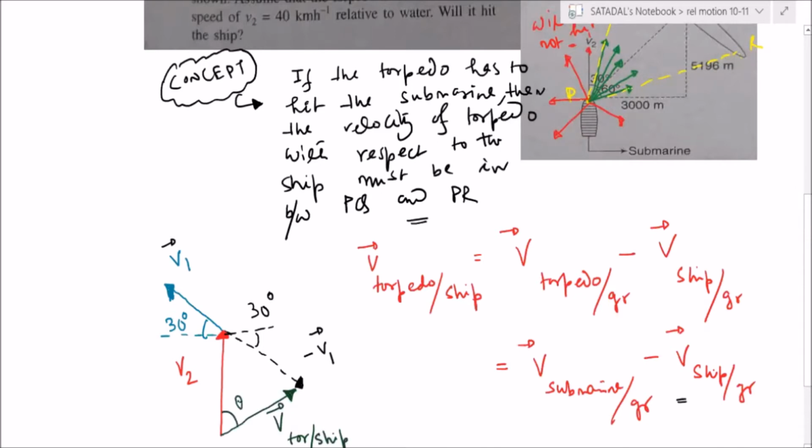Let us take this angle as theta. If I extend these vectors, this angle comes to be 120 degrees. Take this vector as the P vector, this vector as the Q vector, and this vector as the R vector.